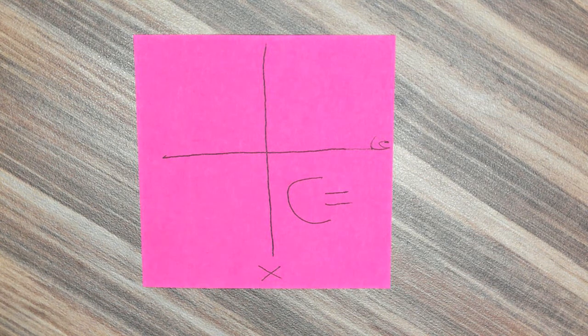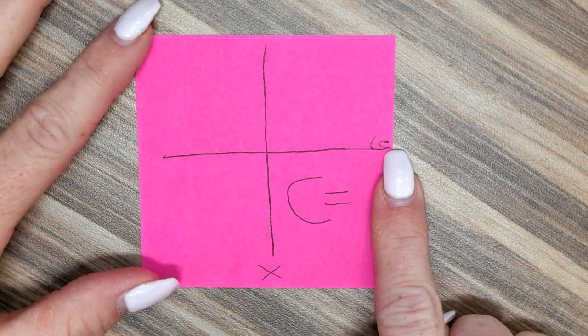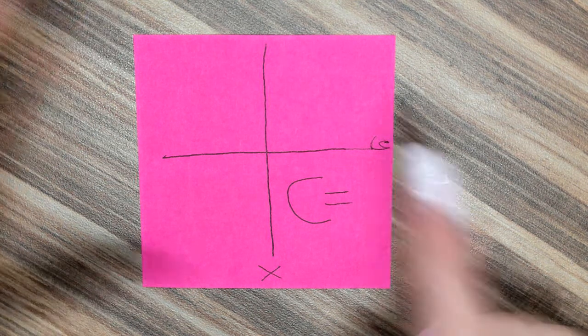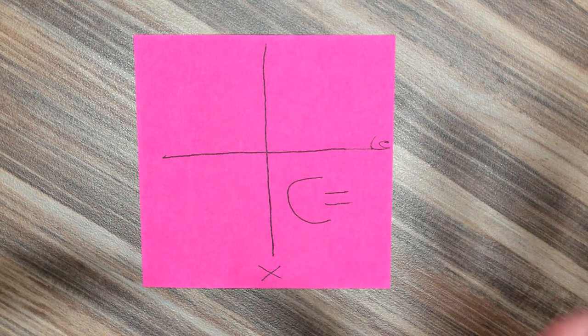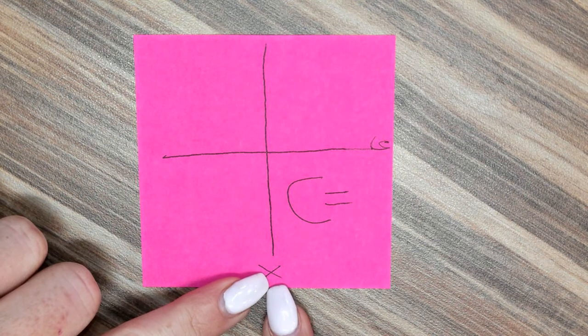Everybody ready? What happened to the X and Y axis? They switched sides. They switched spots, right? Does everybody see it? The Y is on the right, so it's positive, and the x is down low, so it is negative.